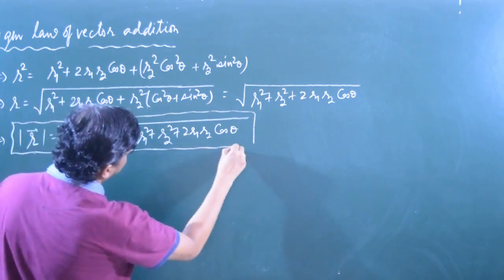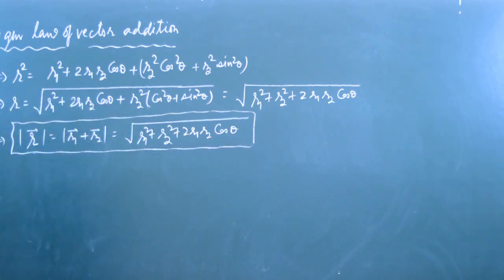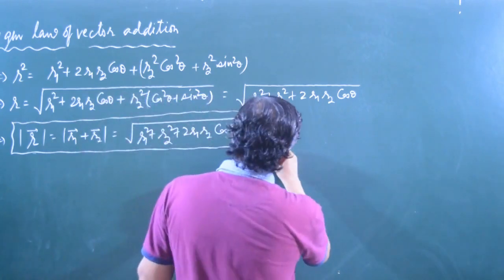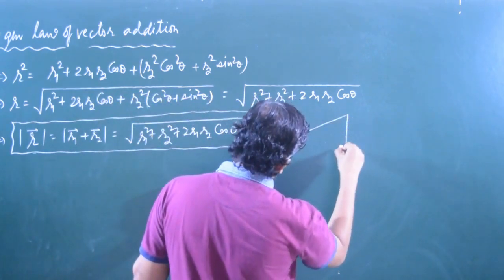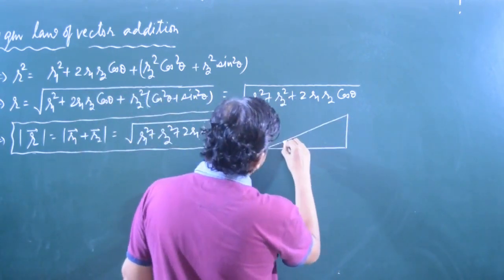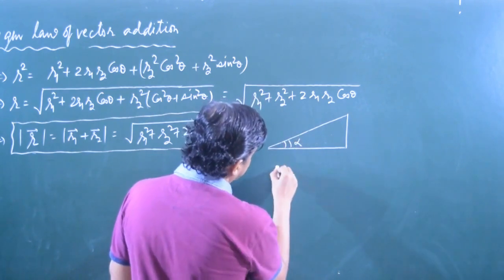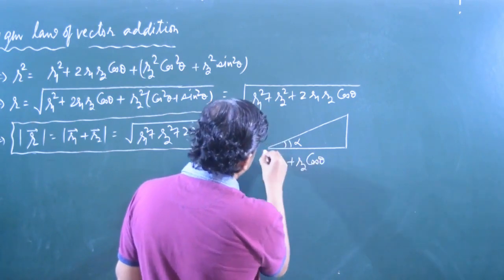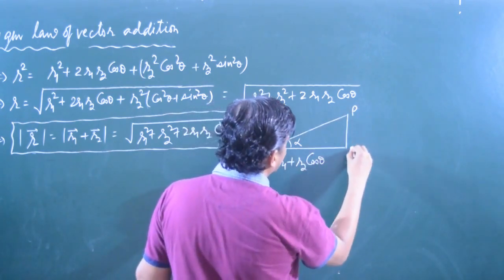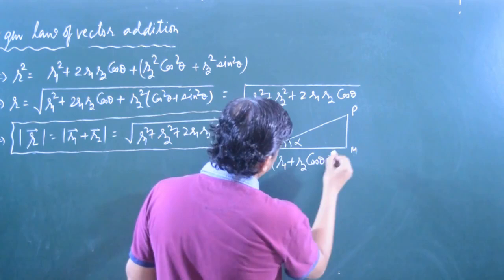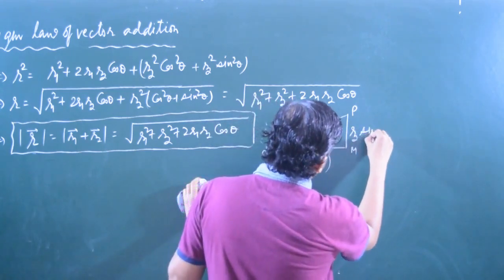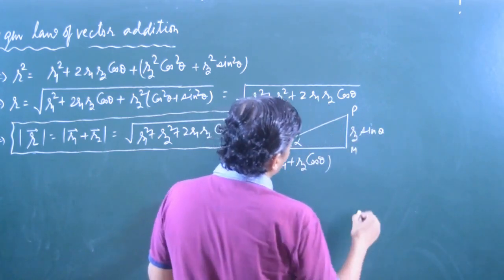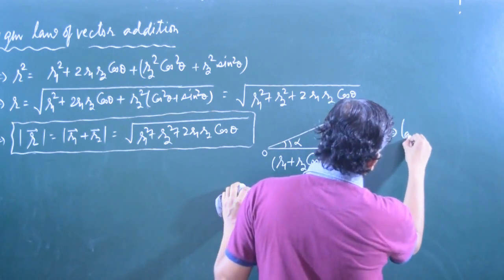Now see, we may get the direction of resultant with vector R1. So this angle we have alpha, this result we have what? R1 plus R2 cos theta. This point is O, it is P, and it is M. And this result we have what? R2 sin theta. Then what is the value of tan alpha here?